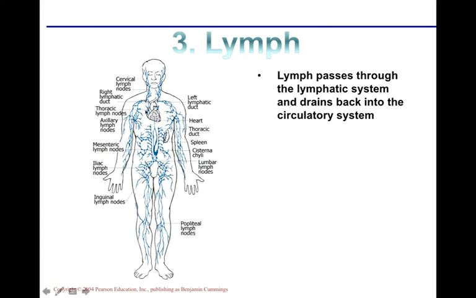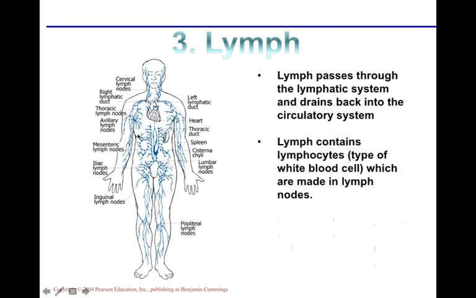So if you look at the lymphatic system, you can see that these vessels run side by side to some of the larger blood vessels, and they empty into the veins so that stuff can be recycled back round.